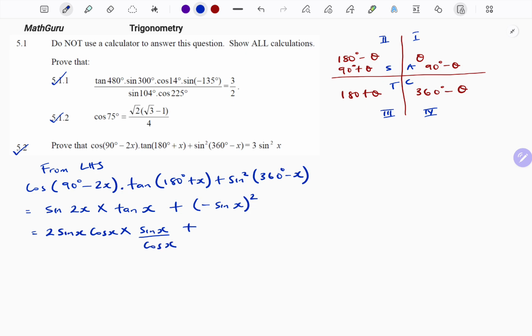Then I have plus negative sine x all squared, that's sine squared x. If I simplify further, I have cos divided by cos. I have the same factor at the top and at the bottom. I'm left with 2 sine x times sine x, 2 sine squared x plus sine squared x. Those are the same terms. There's an invisible 1 here. So therefore, that is equal to 2 plus 1, 3 sine squared x, which is also equal to my right hand side.